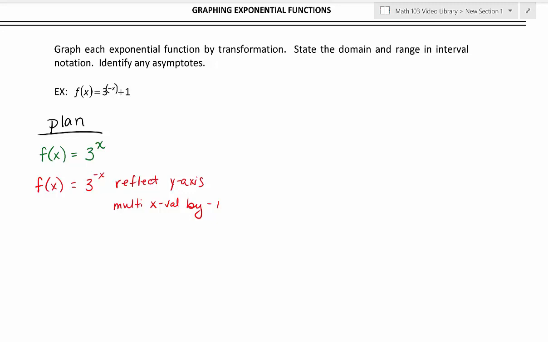Now note, the 3 is part of the parent function. That is not a vertical expansion. That is part of the parent function. If there was a vertical expansion, you'd have to have something like 2 times 3 to the -x plus 1.